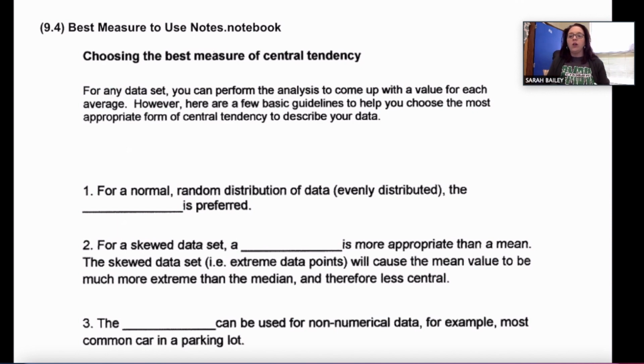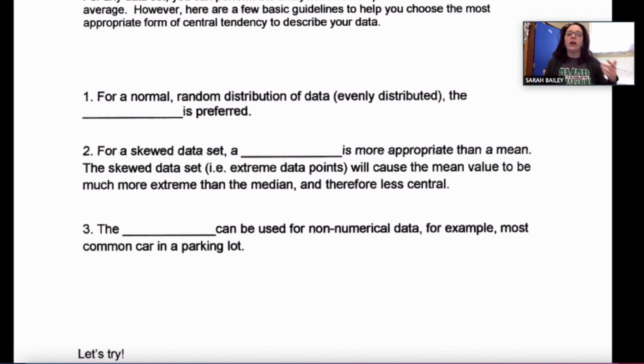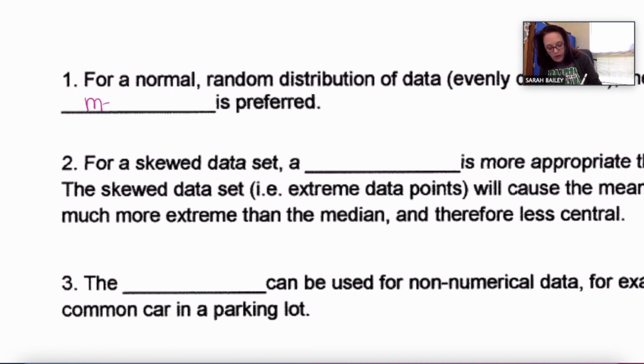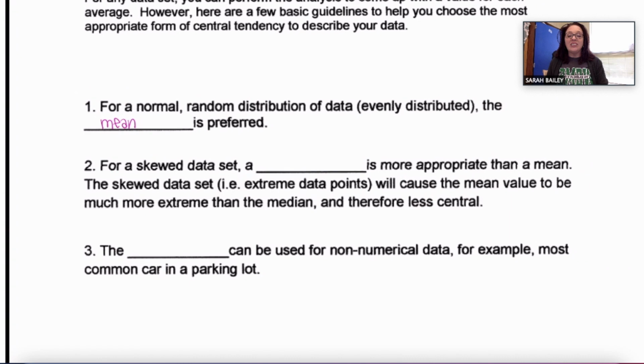So number 1 says for a normal random distribution of data, one that is evenly distributed, then the mean is preferred. But if you have a data set that's skewed, then a median would be more appropriate here than the mean.